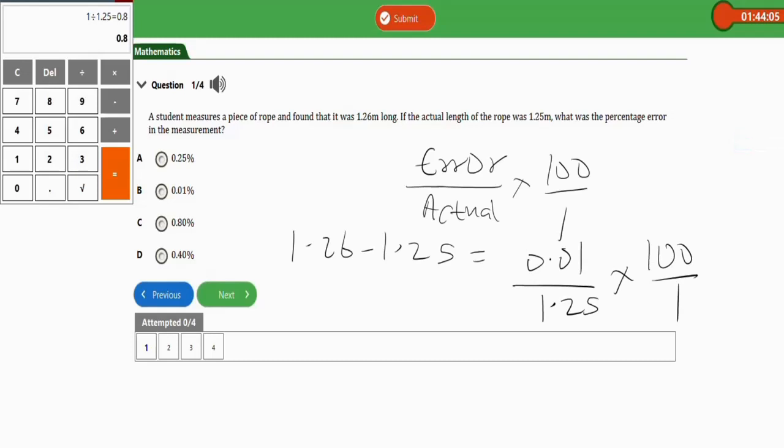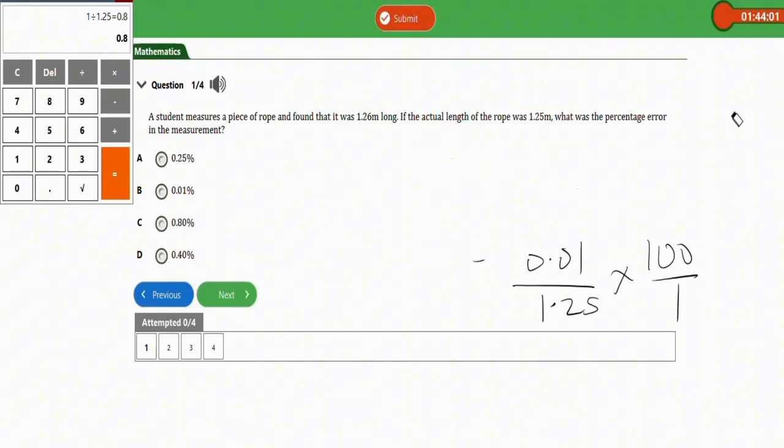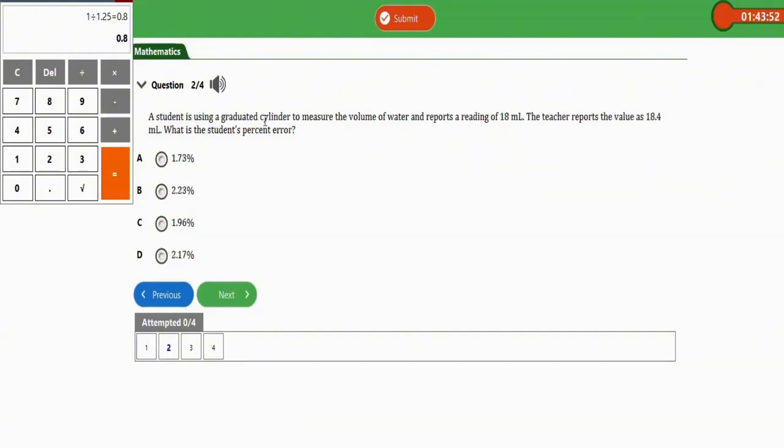Let's wipe this first. Okay, so very interesting. All right, so next question, we have a student is using a graduated cylinder to measure the volume of water and reports a reading of 18 ml. The teacher reports the value as 18.4 ml.